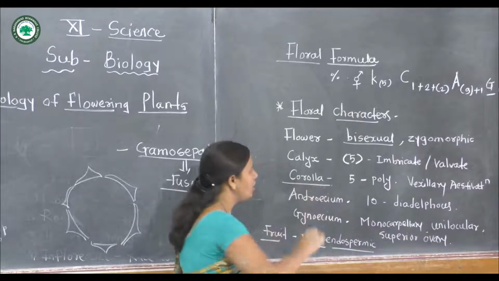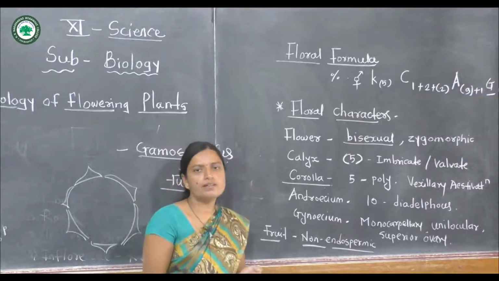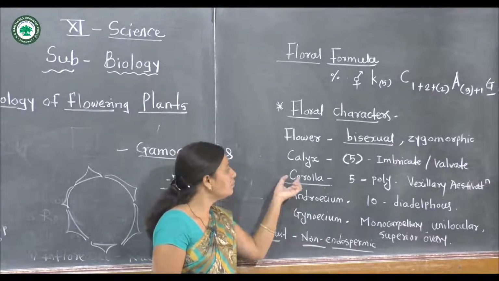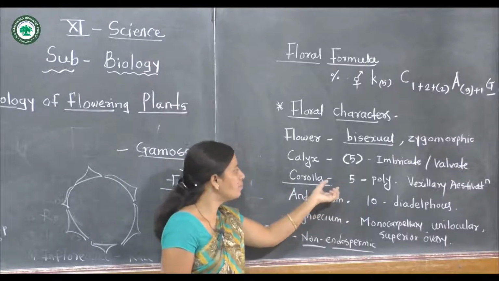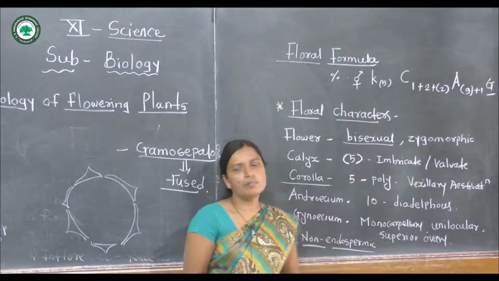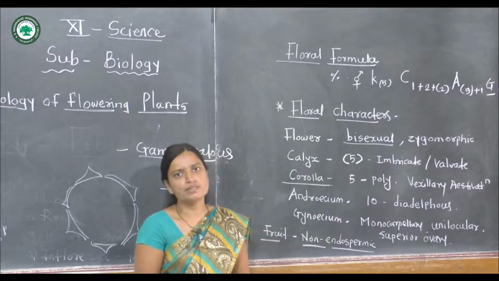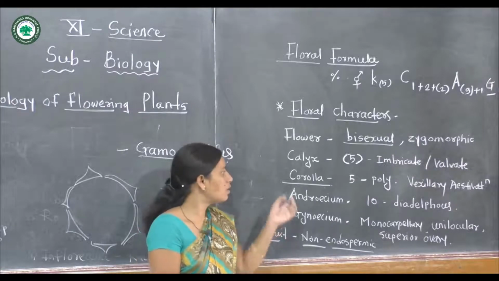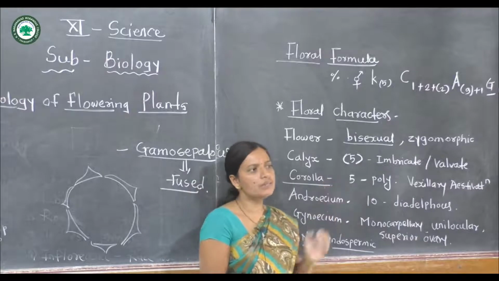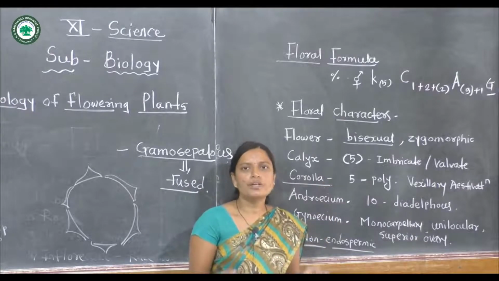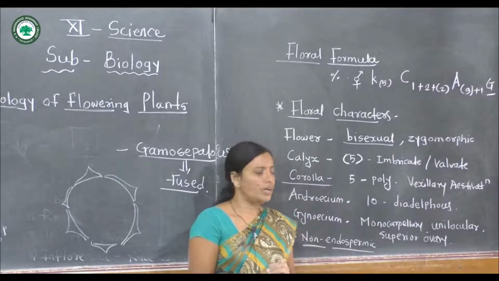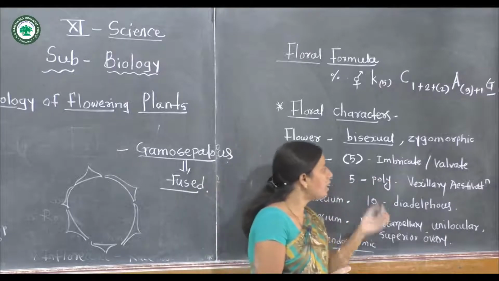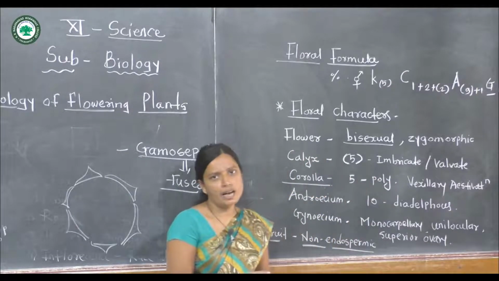This corolla is called the petals, and the petals are 5 in number, and these petals are free from each other, means it is a polypetalous condition. Now this corolla of the pea flower is polypetalous, they are free, 5 in number, and the estivation of this corolla is vexillary estivation.